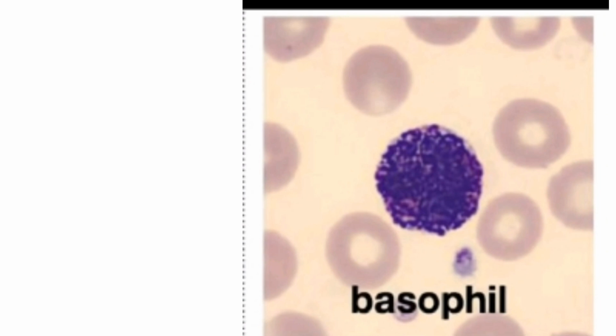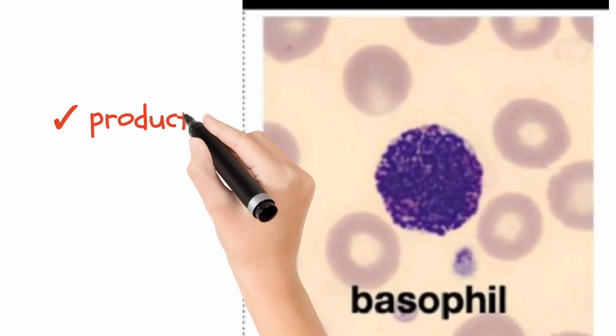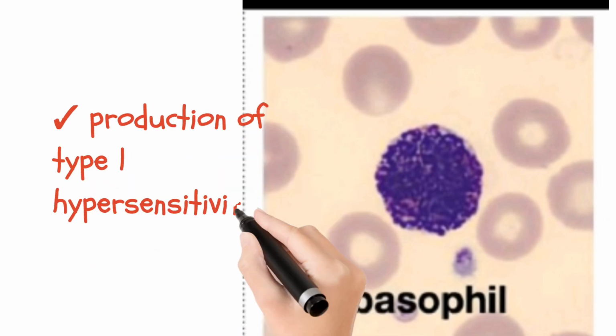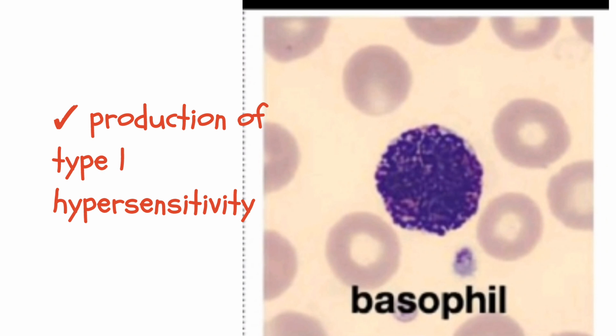Like I said, they have similar functions, and their functions include the production of type 1 hypersensitivity. Their granules release histamine, leukotrienes, and prostaglandins that produce very early vascular changes of acute inflammation.